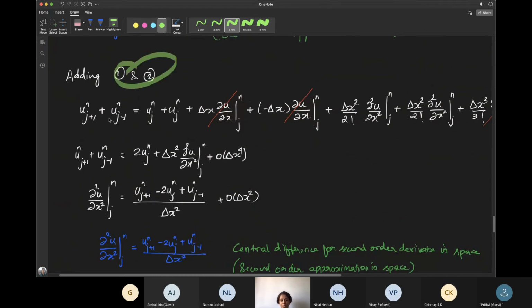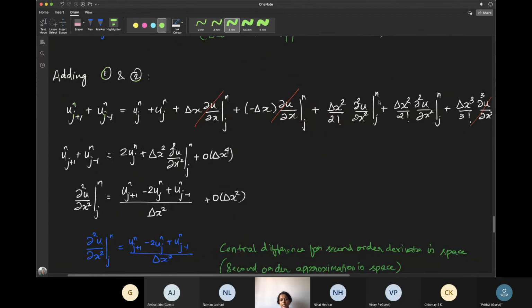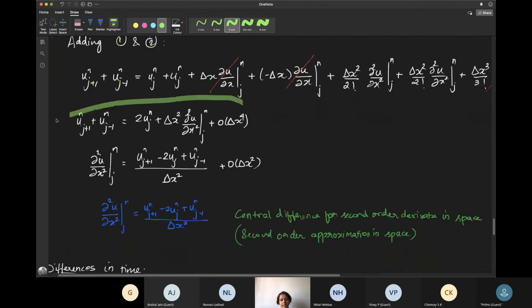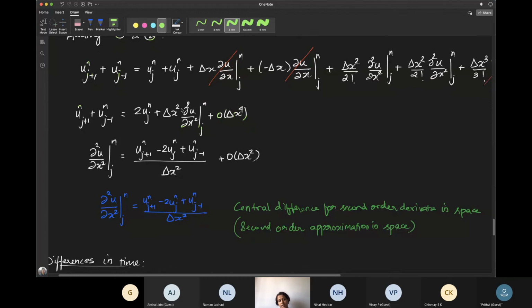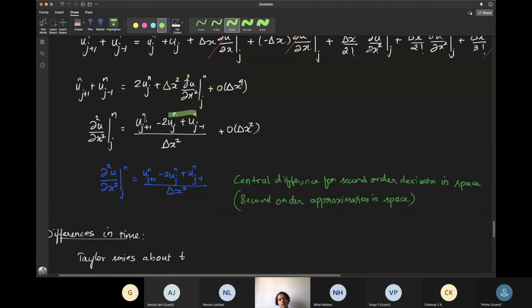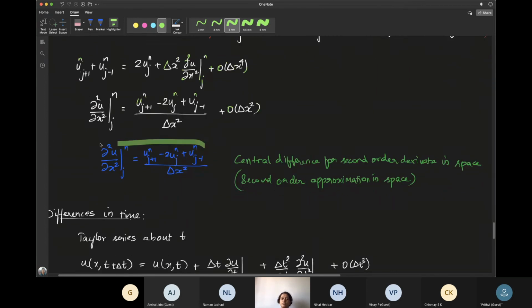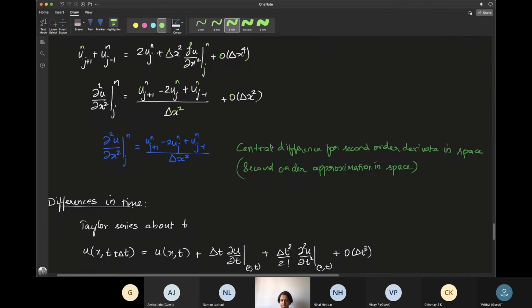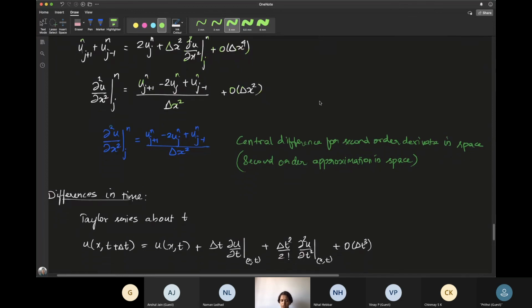In that case you add 1 and 2, and when you do this addition, you will get something like this. Here your first term is of order delta x to the power 4, and in order to get this you need to divide it by delta x squared. So this becomes of order delta x squared, and you get something like this. This is your central difference for second order derivative in space, and this is a second order approximation.